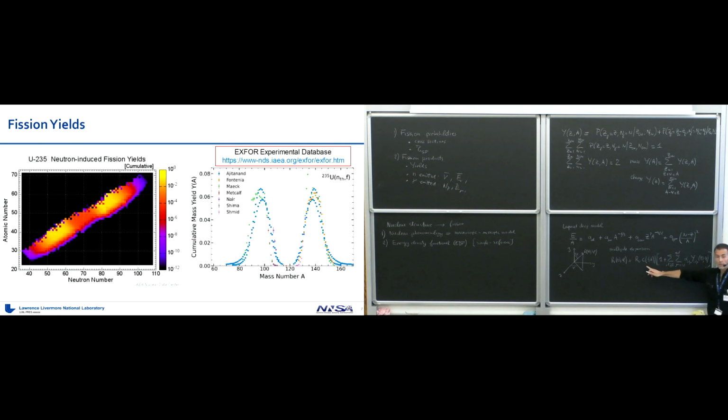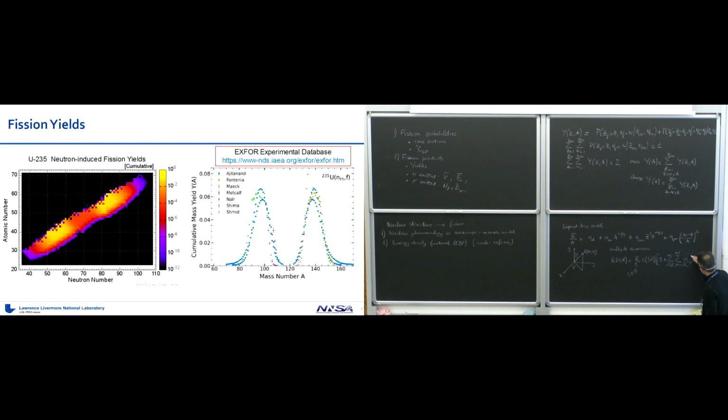So you have an expansion. This R0, we also saw that yesterday in Professor Meng's lecture. This is a small r0 times A to the one third, and it's one simple estimate of the radius of the nucleus. As we know, it's not very precise, but it more or less gives you a ballpark estimate.